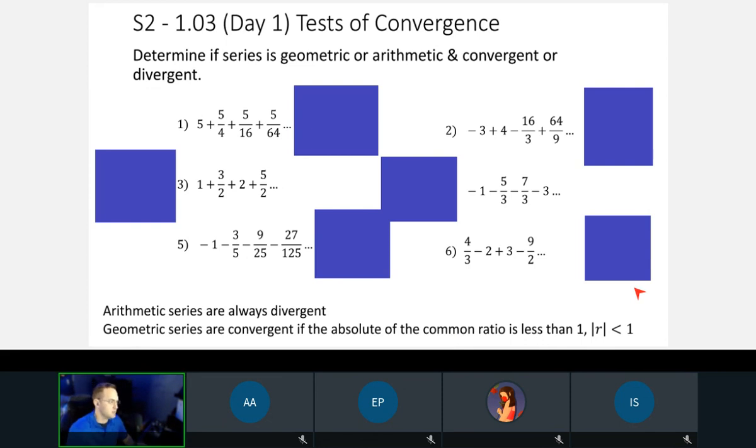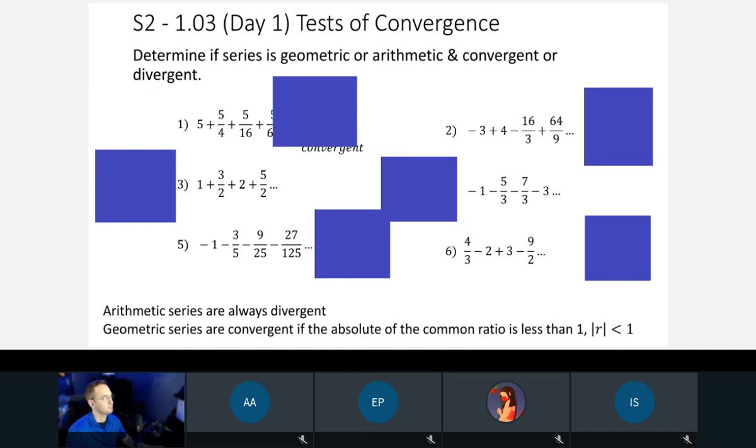First one is... Antonio says geometric and it's convergent. I would agree.